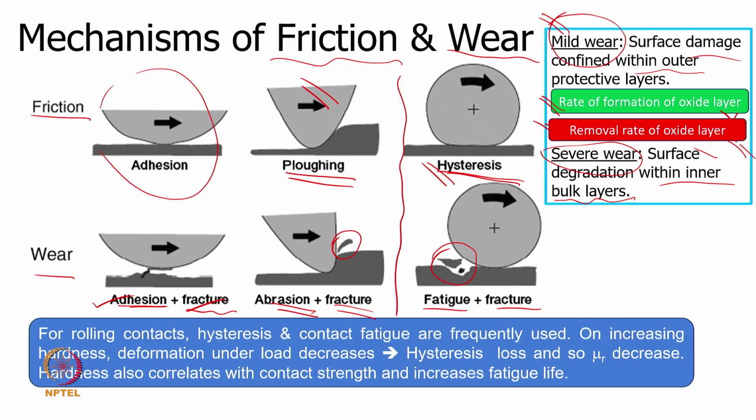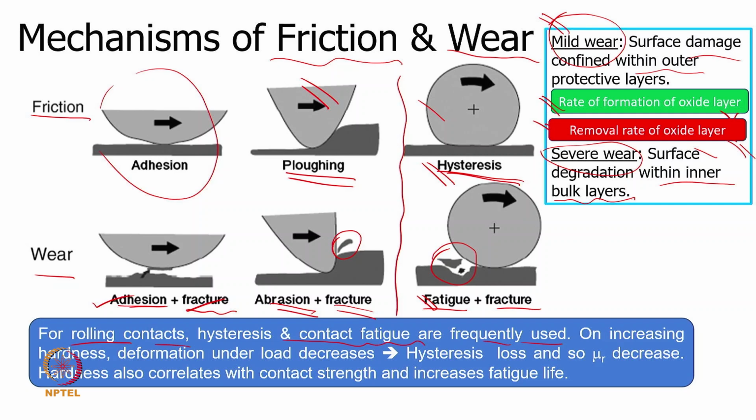Now, hysteresis and fatigue fracture, that is what we call rolling contact fatigue, we have not covered earlier, and that's what we are writing here: for rolling contact, hysteresis and contact fatigue are frequently used. Sliding is one case, but this is a rolling case.